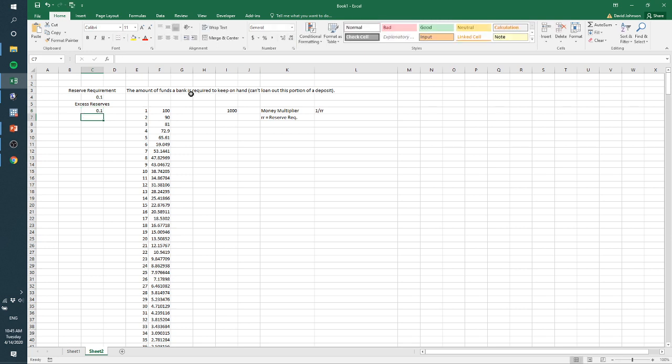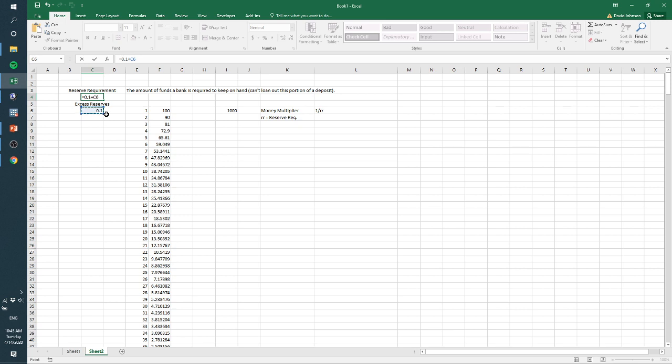So that means the actual cash on hand, instead of being just 0.1, is going to be 0.1 plus the excess reserves.